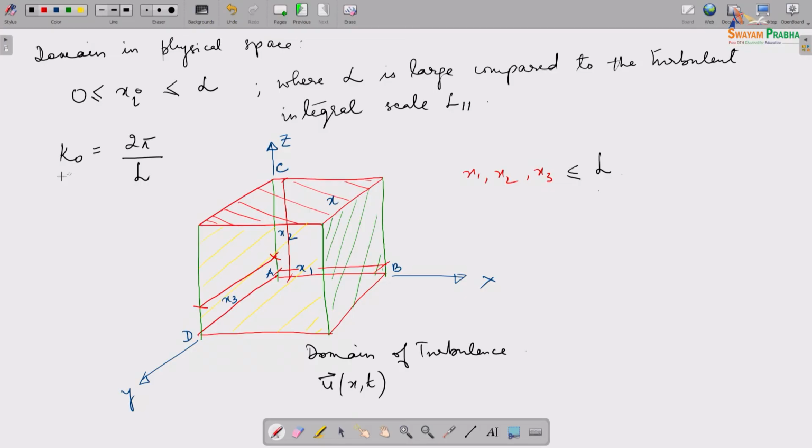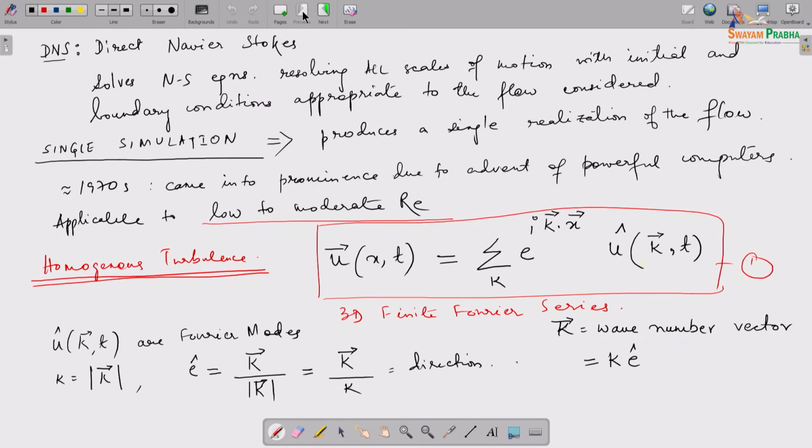So all of these are much smaller than this L. Therefore, if I take the largest length, which is L, I get the lowest wave number, which is K naught. Now essentially in that cube you have these various waves, all these modes. These are all different waves. Now, how I define those waves with what amplitude is the question.